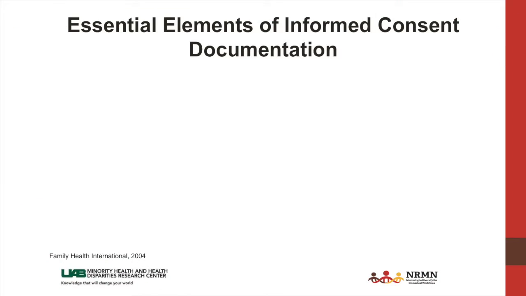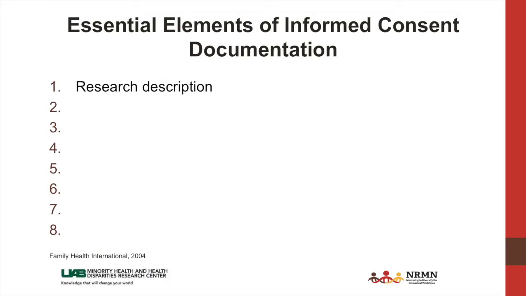So there is a particular form called the informed consent form, which will consist of 8 different essential elements. The first one regards what the research is about. In other words, there's a description of what the study is about in language that the prospective participant will understand. And we have a series of problems with that still, and we'll get to that soon enough.